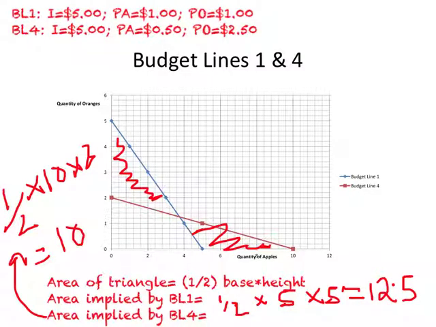So based on these areas, when you compare, you find area implied by BL1 is greater than area implied by BL4, and hence BL1 implies higher real income relative to BL4, and this is based on these areas implied by each budget line. And so this is what we have in terms of comparisons.